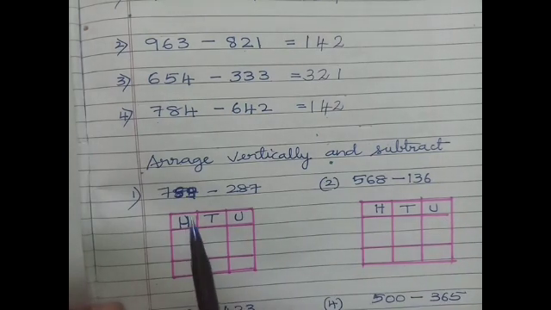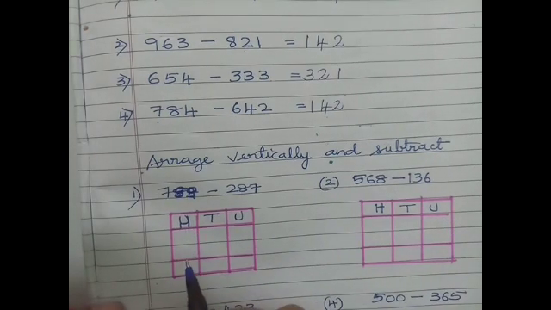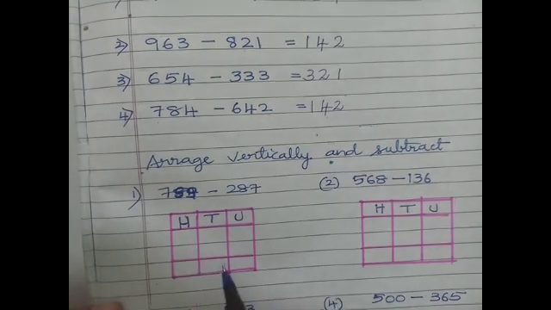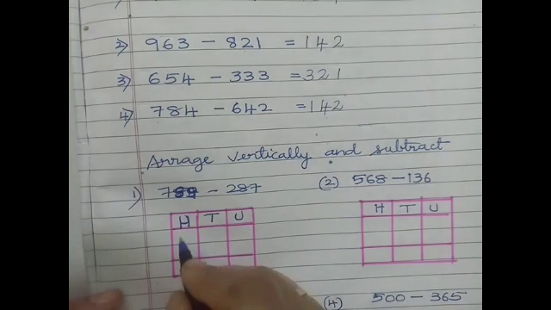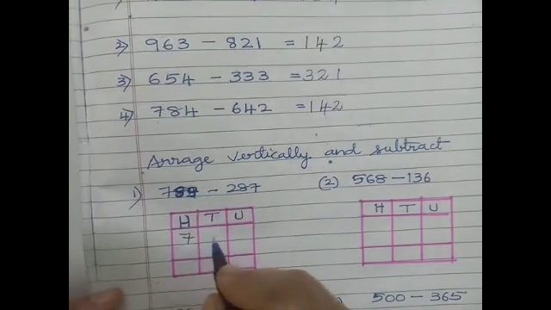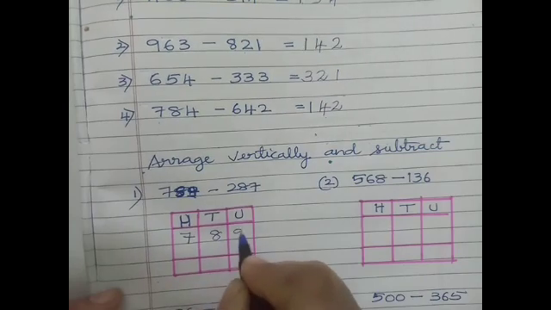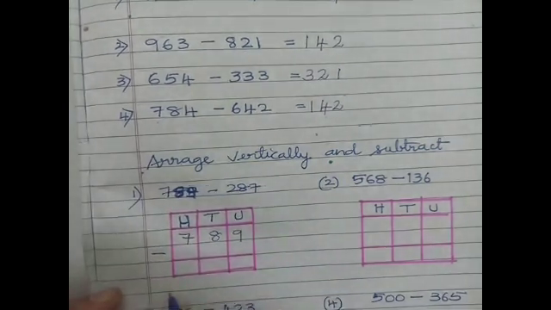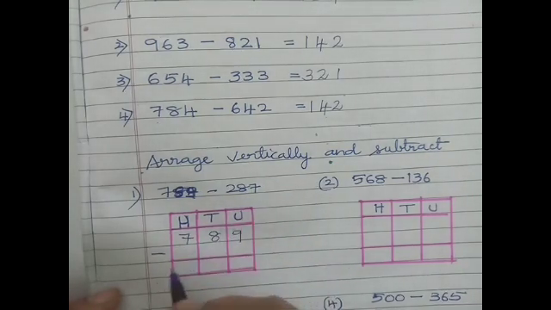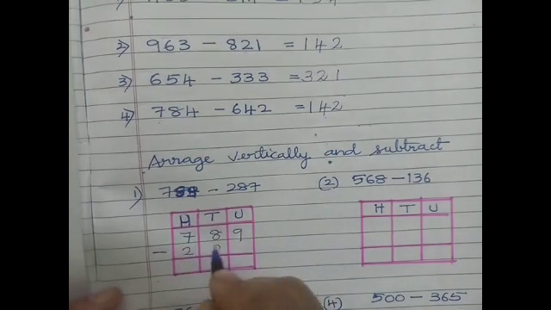Here the question is 789 minus 287. So let us write the number 789, put the minus sign, 287.